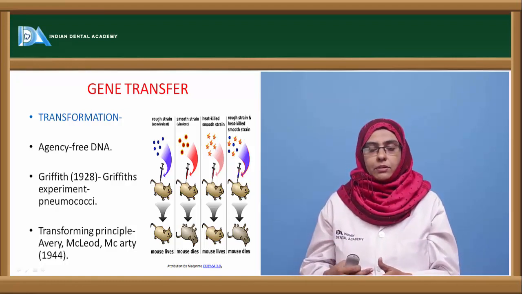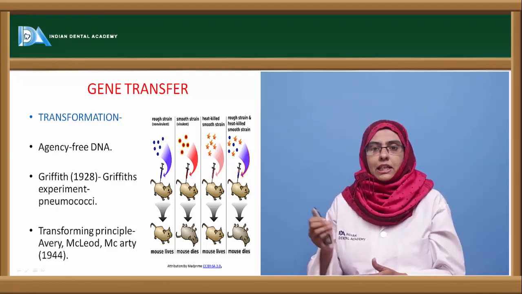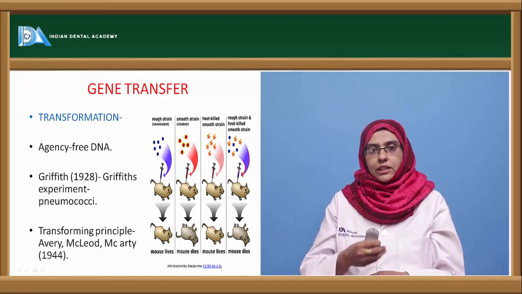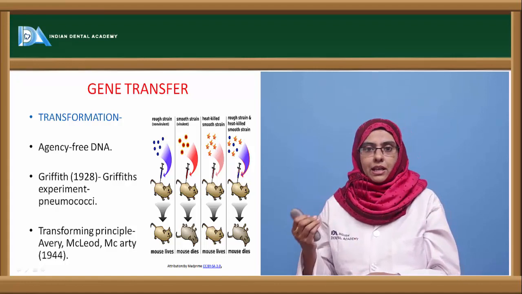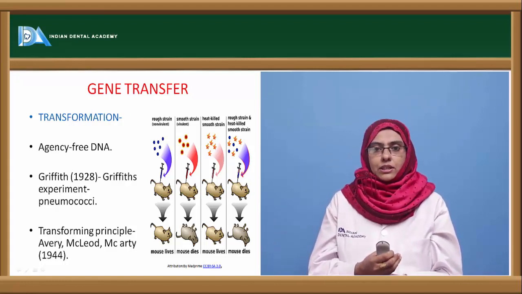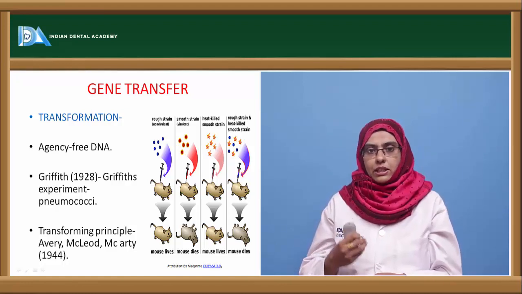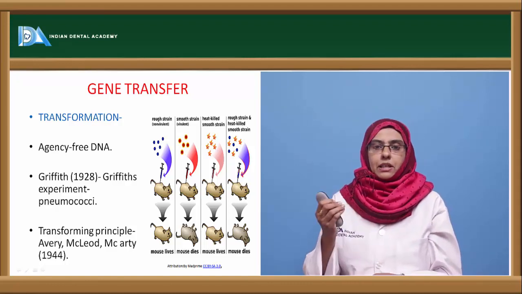He confirmed that there is a certain characteristic feature present in the heat killed 3S strain that was transferred to the 2R strain to change it into 3S type. So there is a transforming principle that was transferred from the heat killed 3S strain to the 2R strain, changing the 2R strain to the 3S strain.